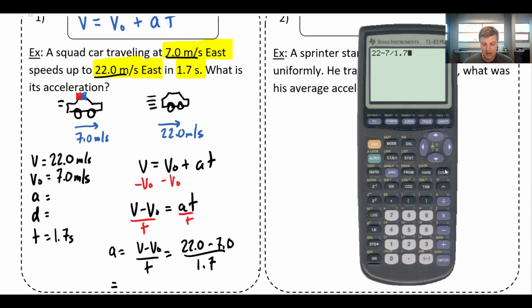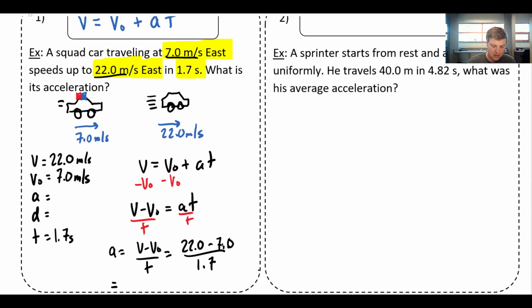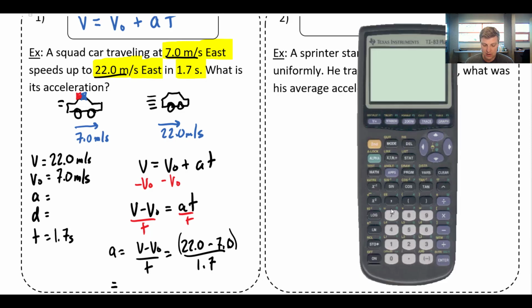So that will give me the wrong answer. I would need to include brackets around those terms. So I could do, for example, bracket 22 minus 7, close bracket, and then divide by 1.7. And that'll give me the answer I'm looking for. So 8.824.